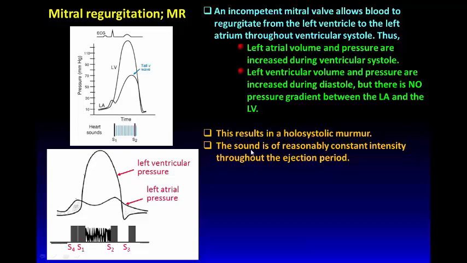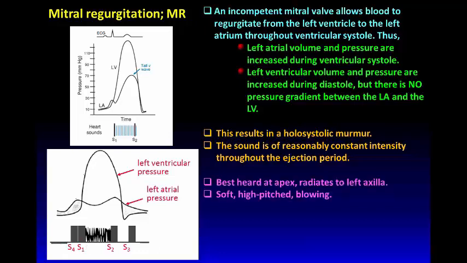The sound of the mitral regurgitation murmur is of reasonably constant intensity throughout the ejection period. So the murmur of mitral regurgitation sounds like lupshdub, lupshdub. It is best heard at the apex and it radiates to the axilla. It is a soft, high-pitched blowing murmur.